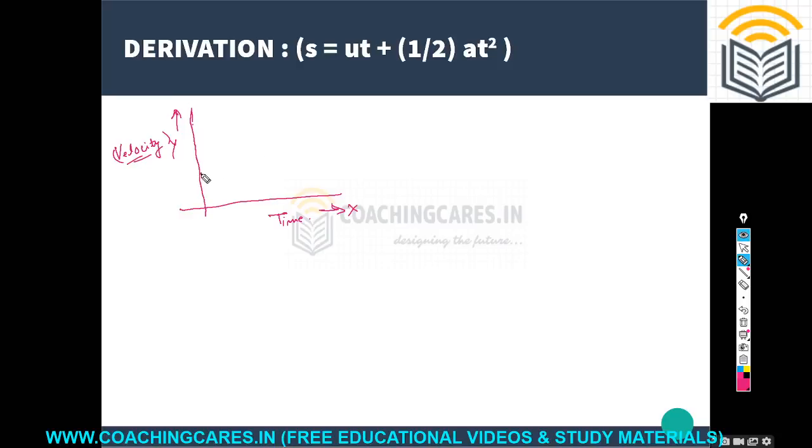Now let us study this graph. Suppose this is a straight line graph between velocity and time, starting from point A and reaching point B.